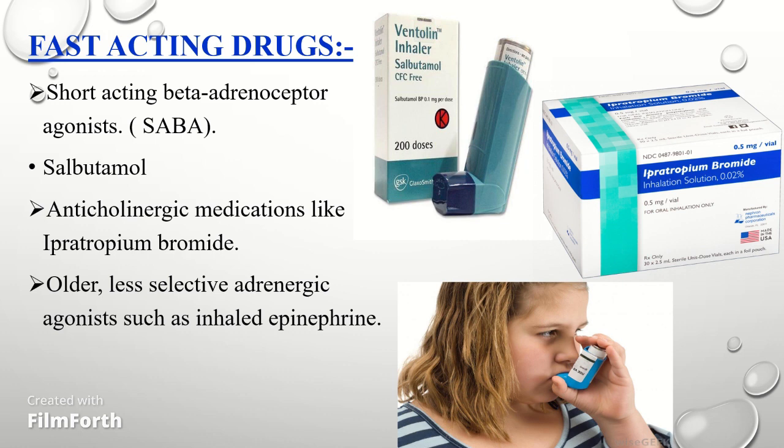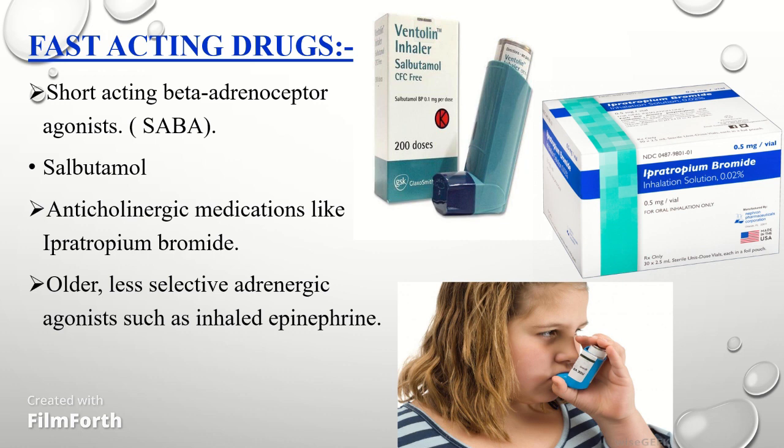Short acting beta adrenoreceptor agonists such as salbutamol are the first line treatment for bronchial asthma, and salbutamol metered dose inhalers are commonly used for the treatment of attacks during asthma.